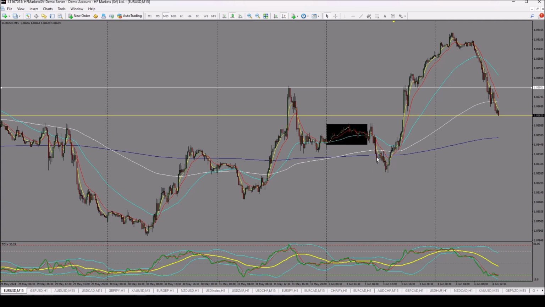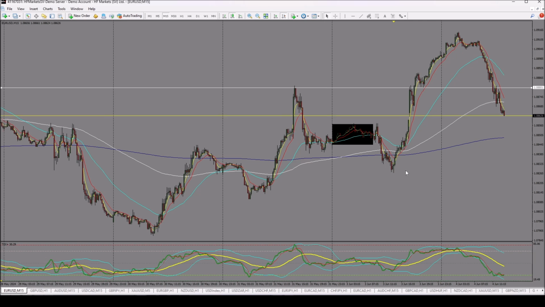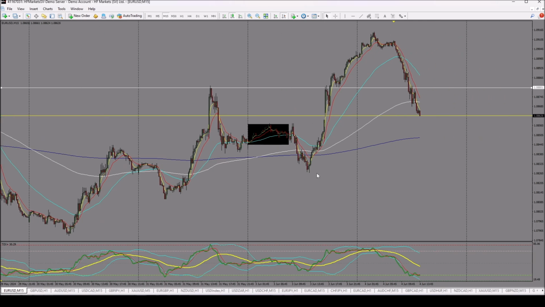We had 1, 2, and 3. This was the actual point to make an entry, and this was the long sustained run. So this became the low of day. So basically, that is what you will be doing. This is just one piece of the whole puzzle, which you need to trade this method with high precision.